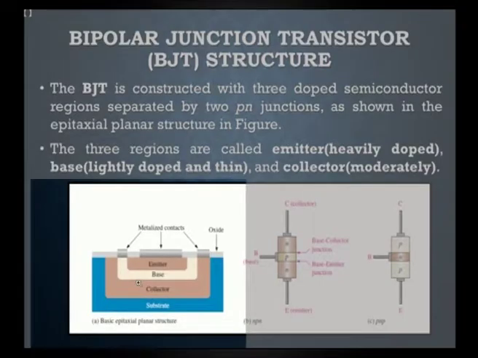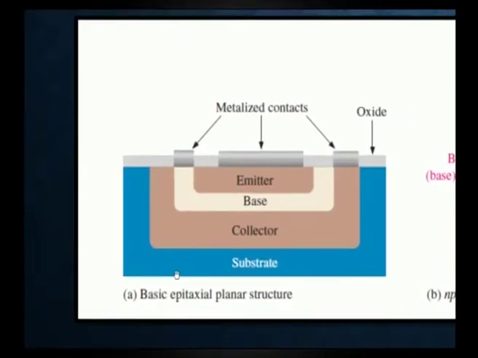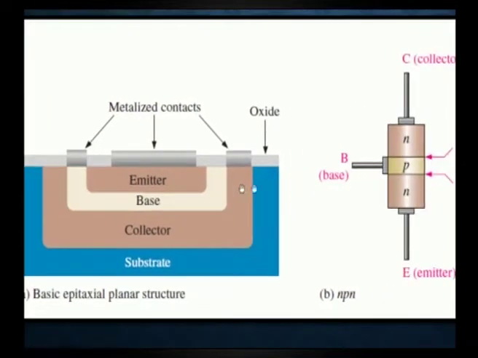Here in the picture we can observe the basic epitaxial planar structure of a transistor, where the three terminals, collector, base and emitter, are present, and also the metallized contact and oxide layer.